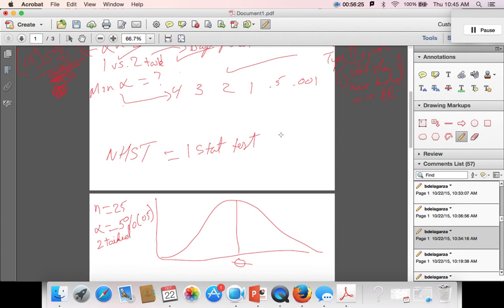I couldn't do 2 in 1, okay? Each time I calculate a statistical test, I have to do this process of null hypothesis significance testing. So every time I do null hypothesis significance testing, I have a specific sample size, a specific alpha level, and a specific number of tails, okay? Every single time I do my statistical test.